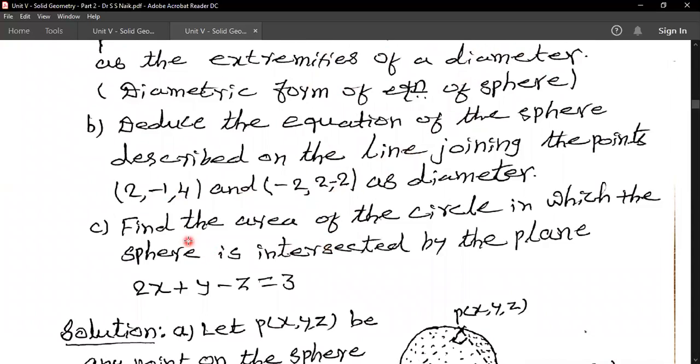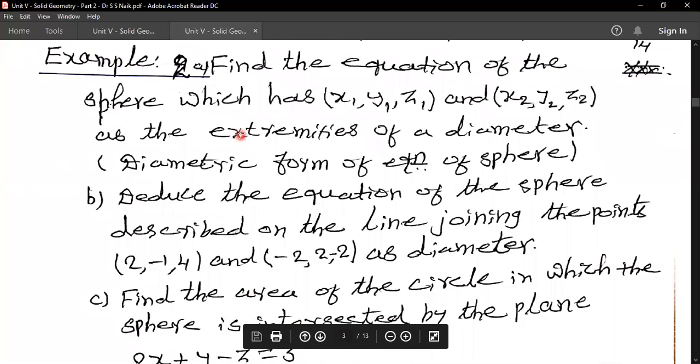Then the next is: find the area of the circle in which the sphere is intersected by the plane 2x plus y minus z is equal to 3. Okay, so this is the third part. That means you are given three problems in one problem. This is the main problem, that is, finding the general equation of a sphere in the diametric form.